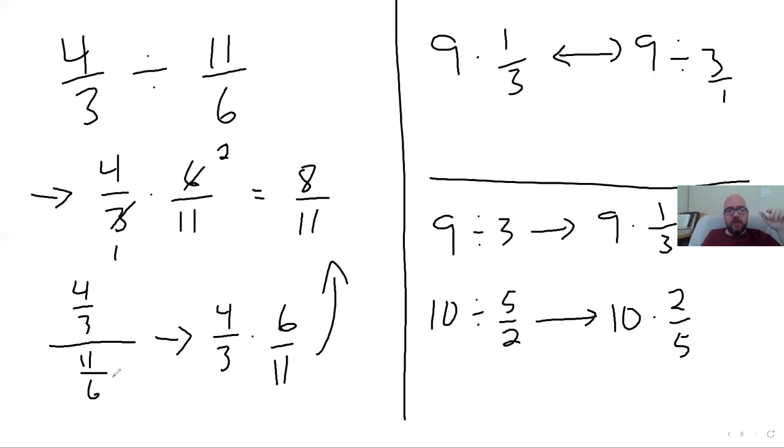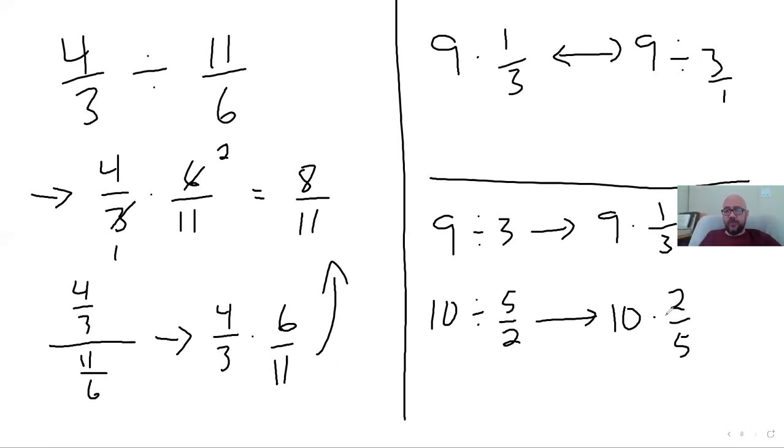Don't get scared by it being big like this. Doesn't matter. When you see this, don't say 4 over 3 over 11 over 6. Say 4/3 divided by 11/6. And then your brain, I hope, will go to this, and then it'll tell you, all right, I just need to turn over the second one, and then it works fine.